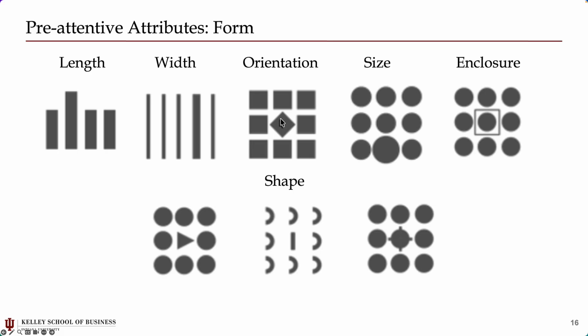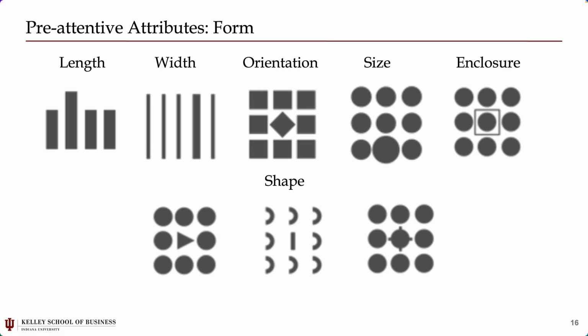Then a tilted line pops out from the horizontal ones, a larger object captures attention, items inside a boundary stand out, and also circles pop out from squares. Each of these can make important data points jump off the screen without the viewer searching for them consciously.